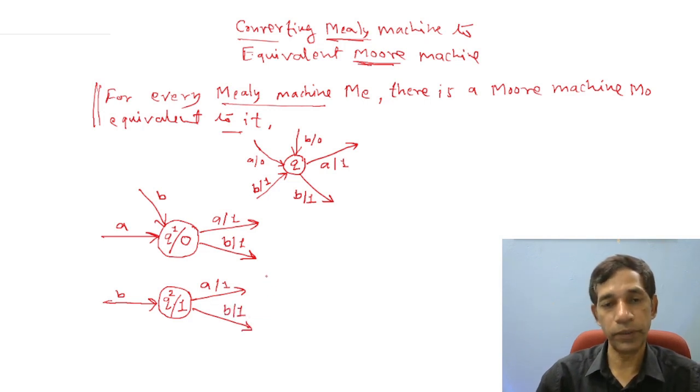So see what we have done. We have copied this state Q, as we have the two outputs 0 and 1.